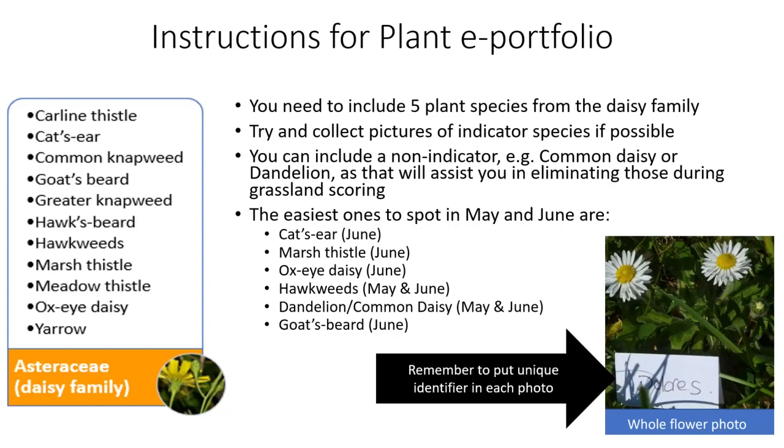You're going out in May and June, so the easiest ones to spot are listed there, and do remember to put your unique identifier in each photograph, please, as well. So here, for example, I took a picture of common daisy and I have my name there. So something that just shows me that it wasn't taken from the internet.